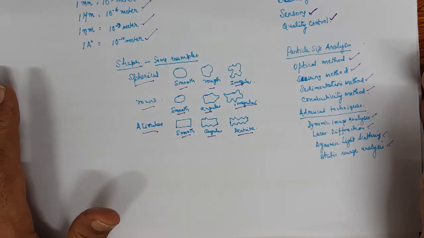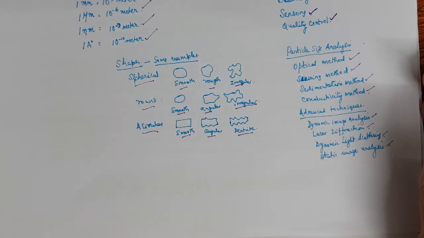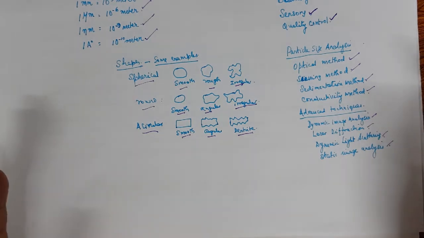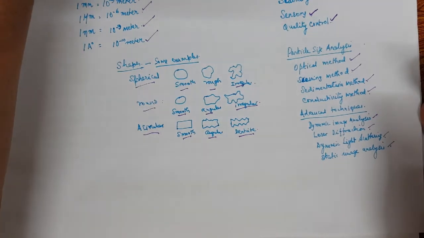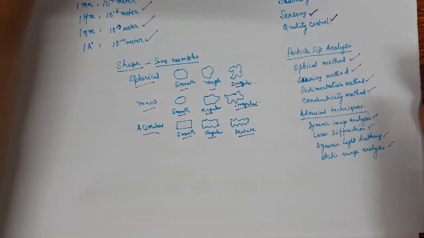We are not going into the calculation and in depth, because there are a lot of discussions and a lot of literature on this. So I'm going to just introduce you to the methods of determination of particle size, right?